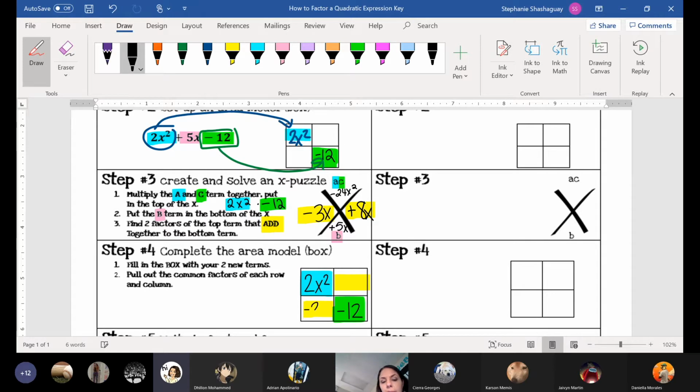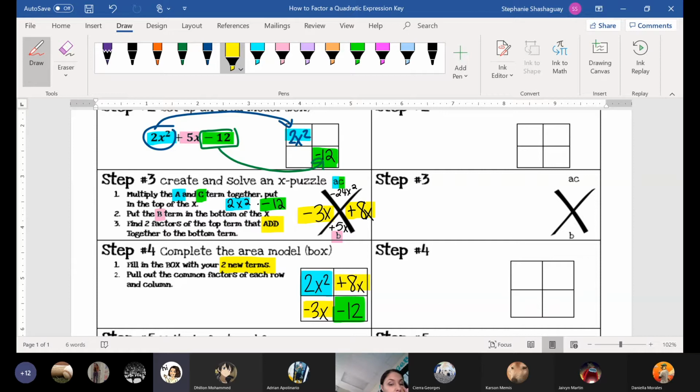So I'm going to put negative 3x and positive 8x. And I always use my signs so that I know what sign to pull out. So now I've filled in the box with my two new terms.